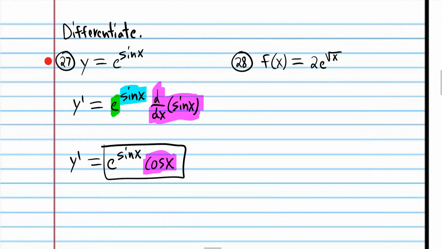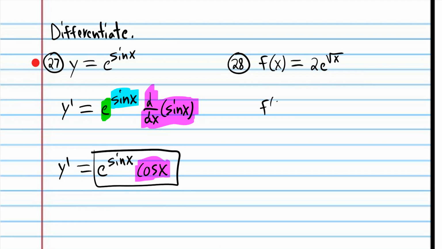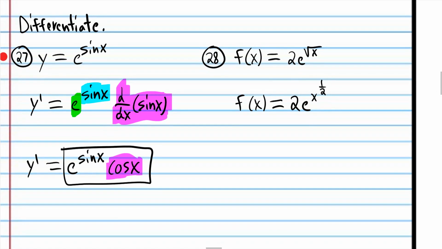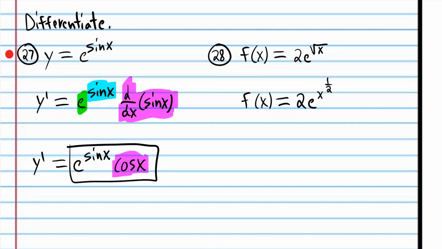So I want to do one more problem before you try one of these on your own. Now, before we find the derivative, let's change this to 2e to the x to the 1/2 power. Remember, we can't find the derivative of a root expression unless we change the form.